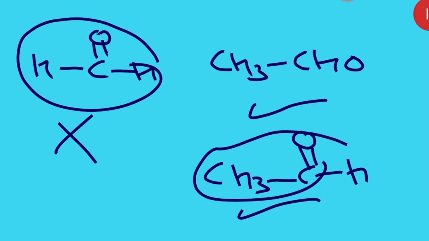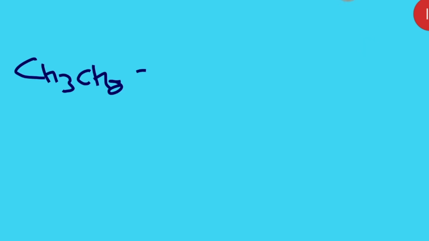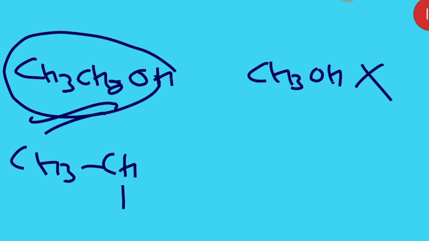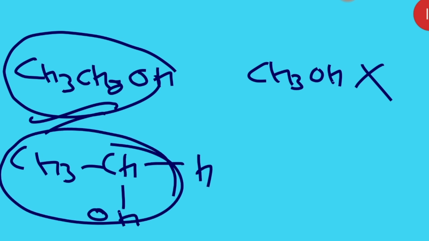Same way, you must see, CH3CH2OH and CH3OH. Which one will give? Ethanol will give the iodoform test. This one will not give, because it does not contain the CH3CHOH group. Understood my point now, all of you? We can distinguish by this.